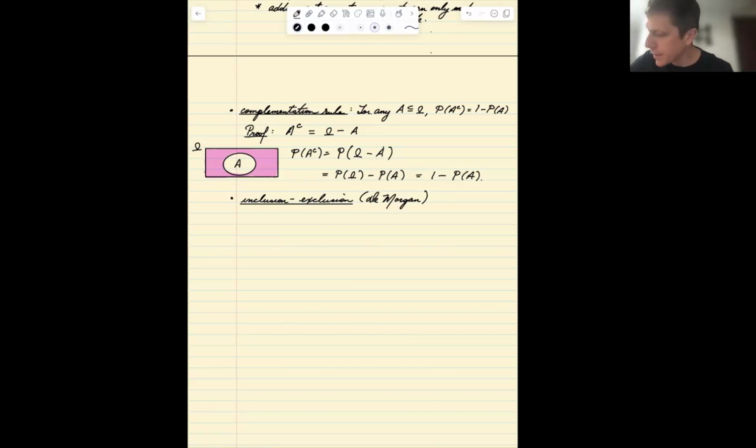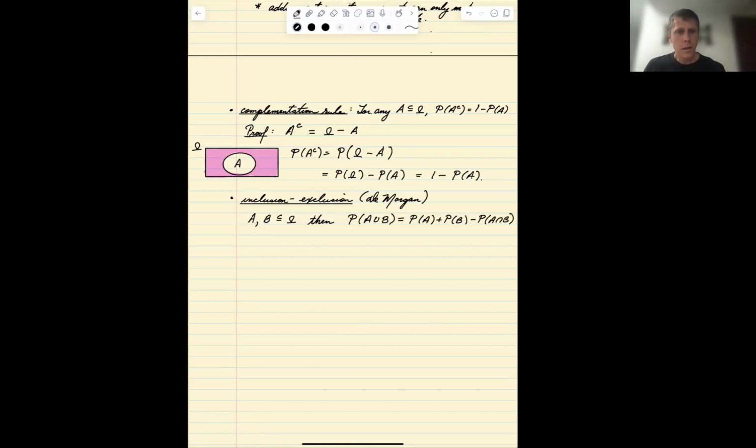What it says is, if A and B are subsets, then the probability of A union B equals the probability of A plus the probability of B minus the probability of A intersect B. Okay. Let's first prove it intuitively, and then let's prove it formally.